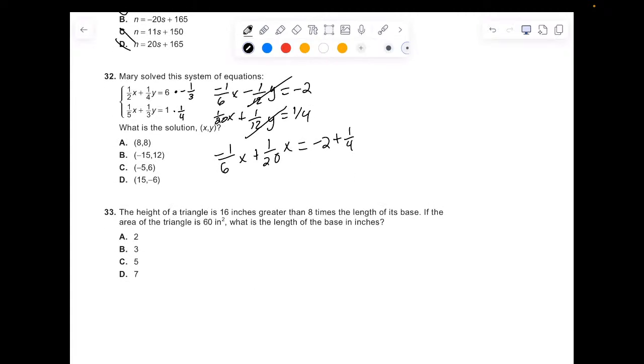Alright. 1/6 plus 1/20. Man, what does that come out to? Let's see, can I just do this quickly on this?